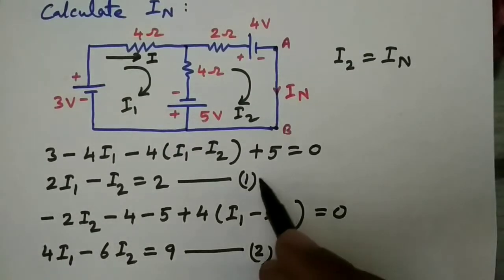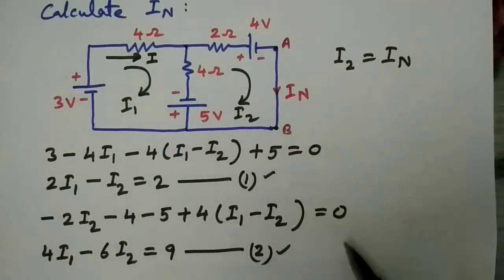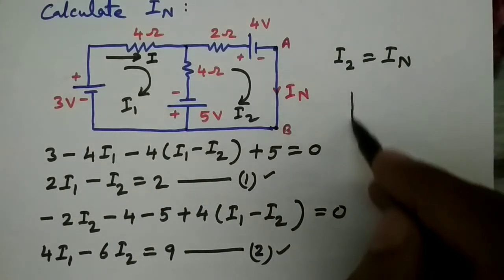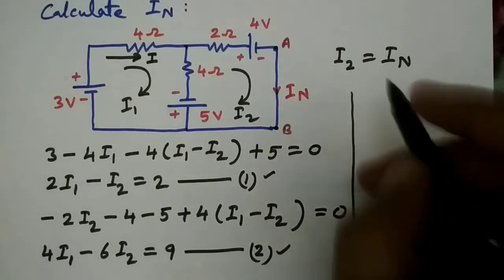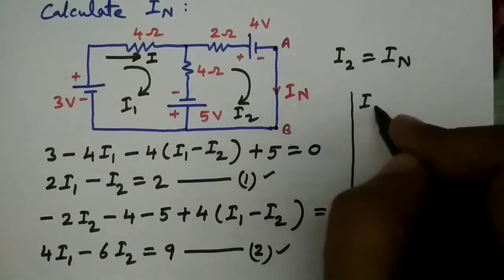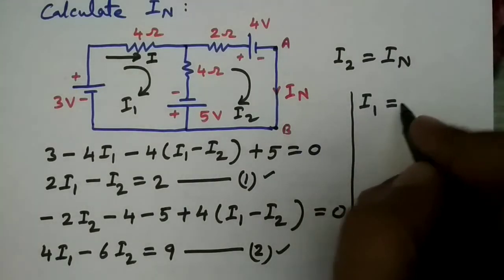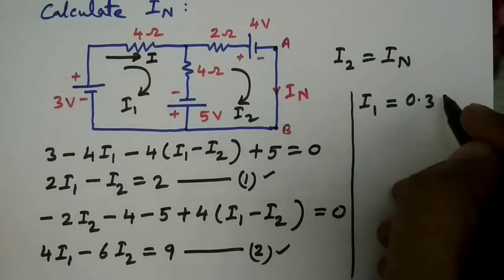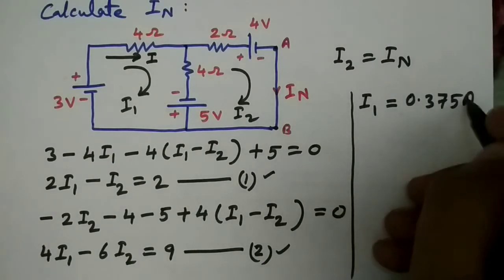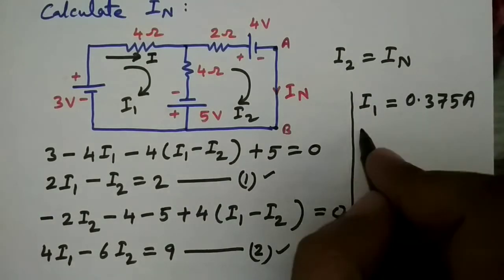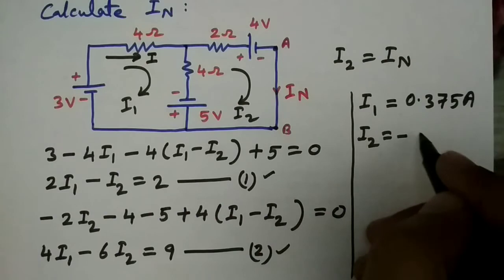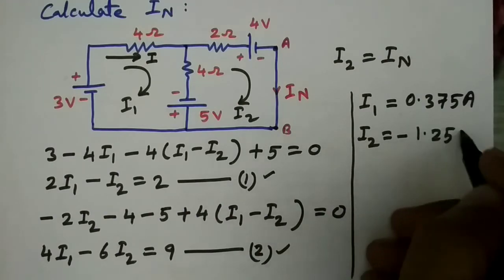Now, if we solve equation 1 and equation 2, we'll get the values of I1 and I2. Here the value of I1 is 0.375 ampere and the value of I2 will be minus 1.25 ampere.